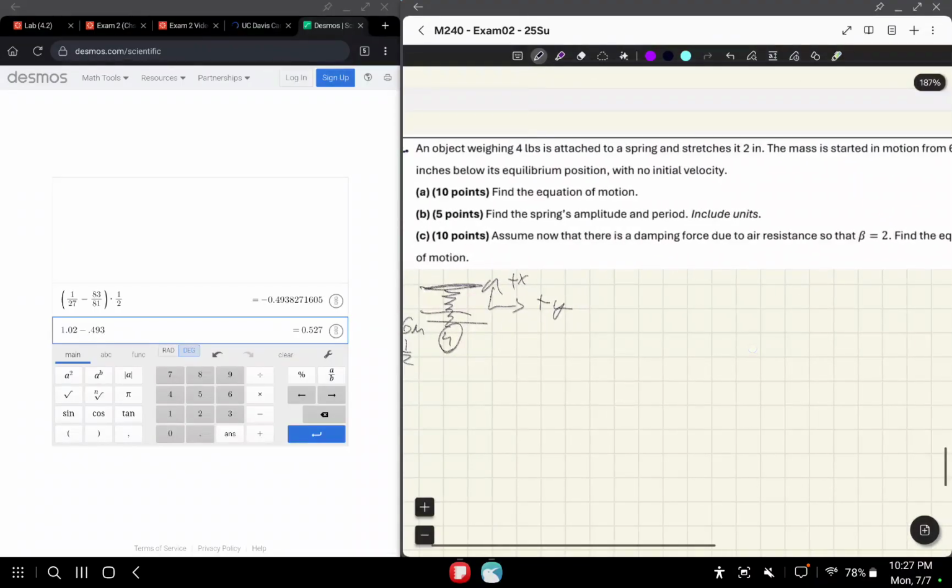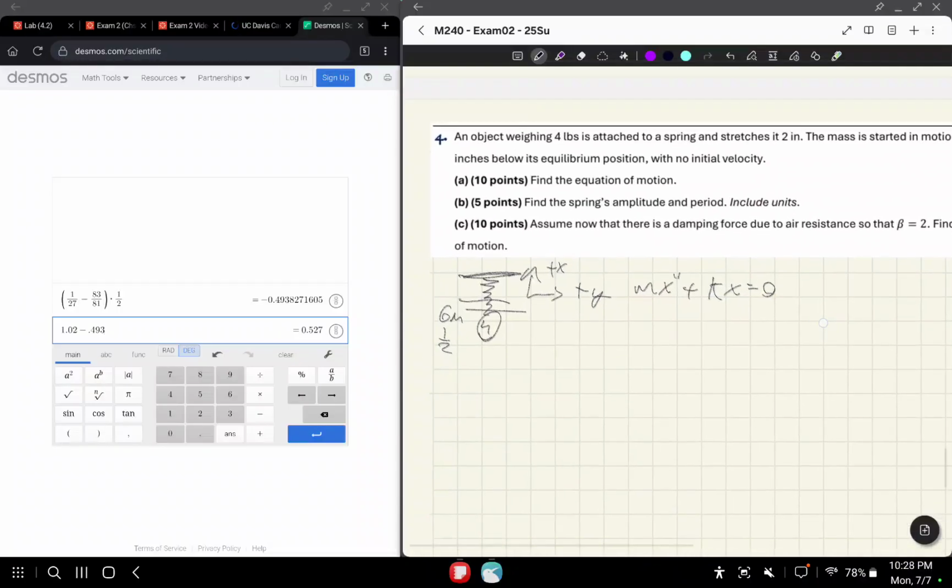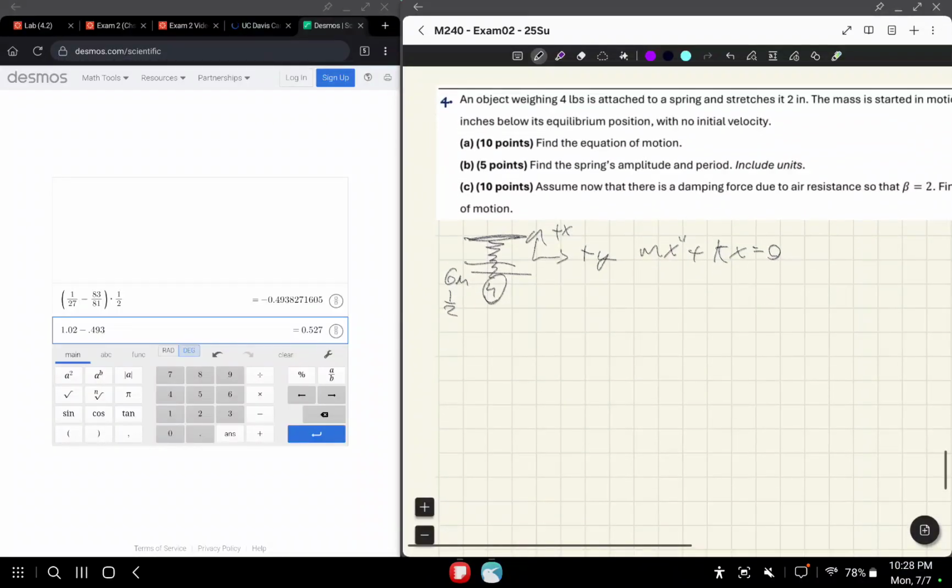This one is also an undamped one, so the equation of motion will be mx'' plus kx equals 0. Let's first find the mass, which is in slugs.